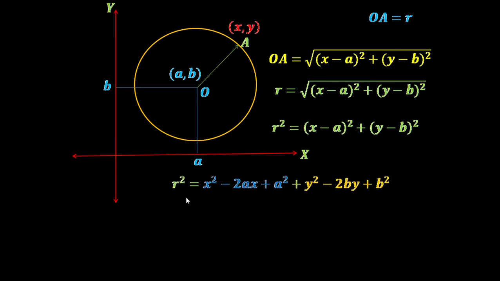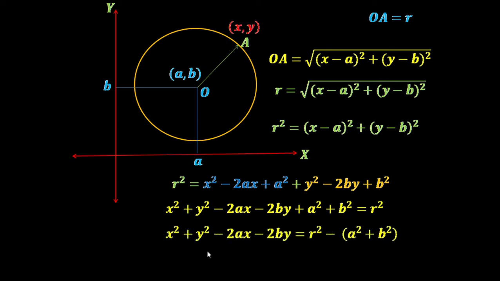Then we shall get r square equals x square minus 2ax plus a square plus y square minus 2by plus b square. Now let us rearrange these terms such that we get x square plus y square minus 2ax minus 2by, and here we are bringing this a square and b square terms together, that equals r square.